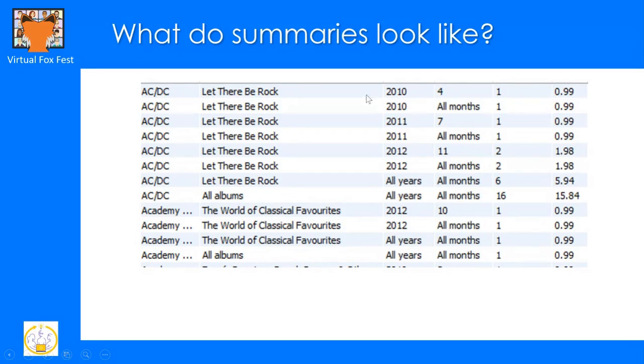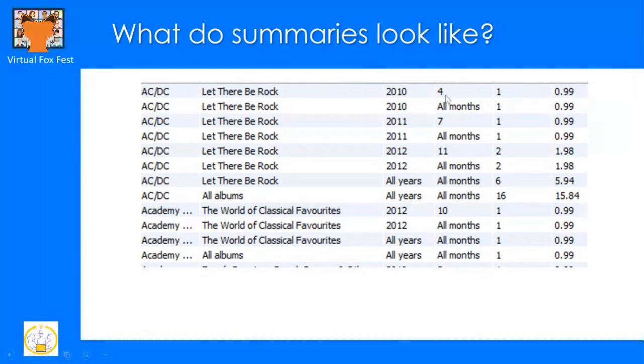So here, the Chinook data is pretty sparse, so you don't see a good example here. But we've got a record where how many times and how much money did we sell this album for? The artist, album, year, and month.